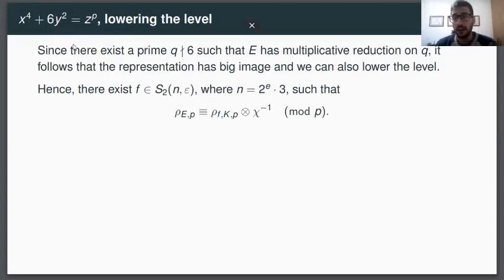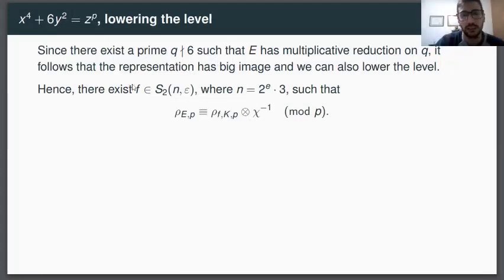So if we have a solution a, b, c, a primitive solution, then c must be coprime with 6. So there exists a prime q bigger than 3 which divides c. Then E must have multiplicative reduction at q, so it does not have CM, so we can use Ellenberg's result. So we have a representation with big image, so we can lower the level.